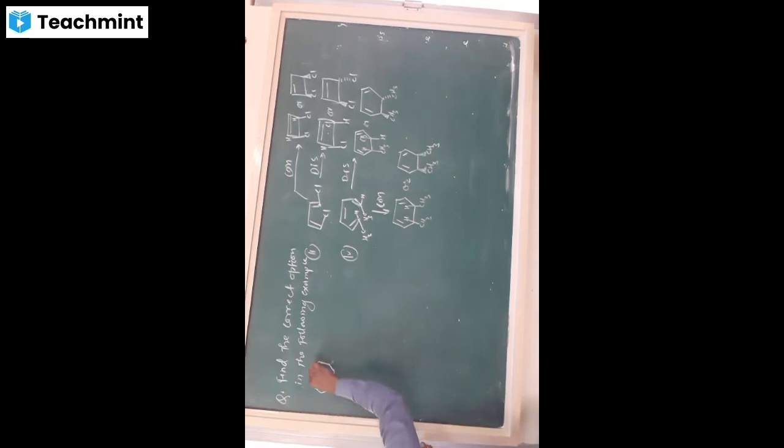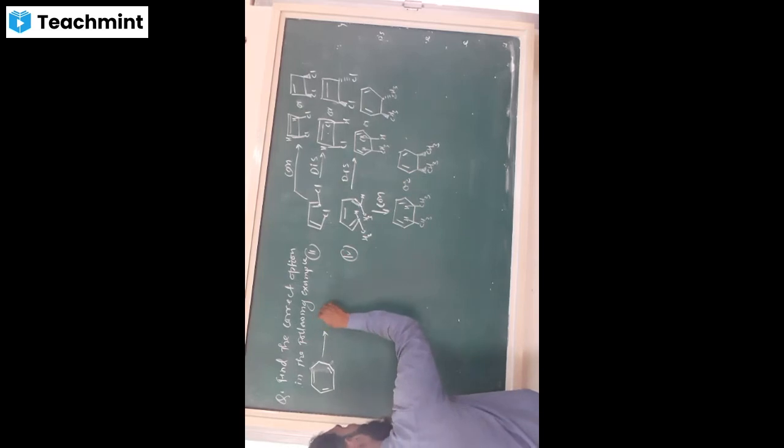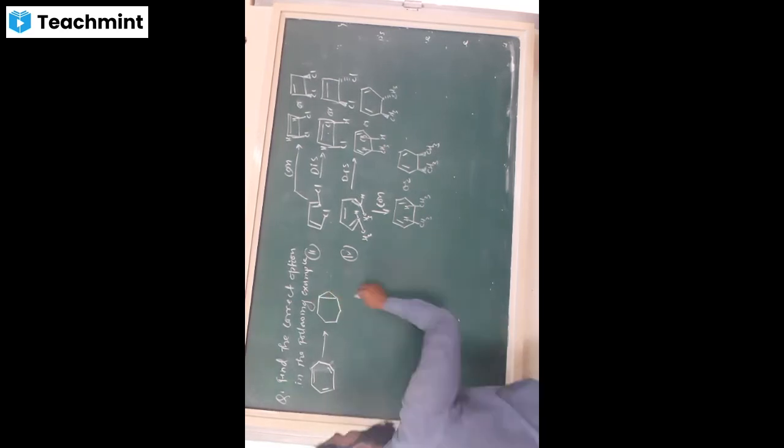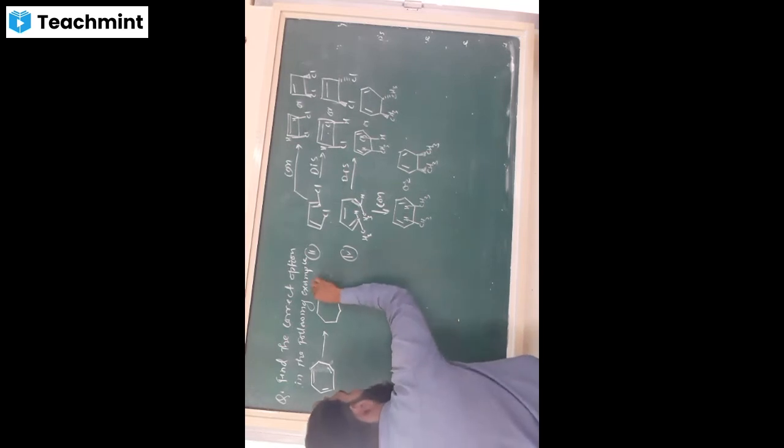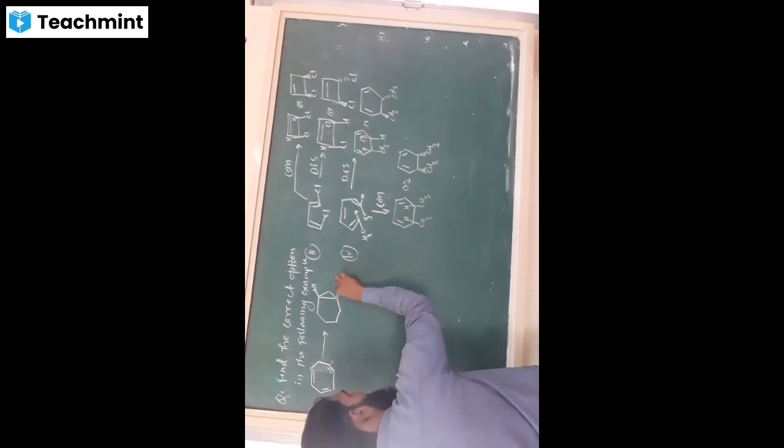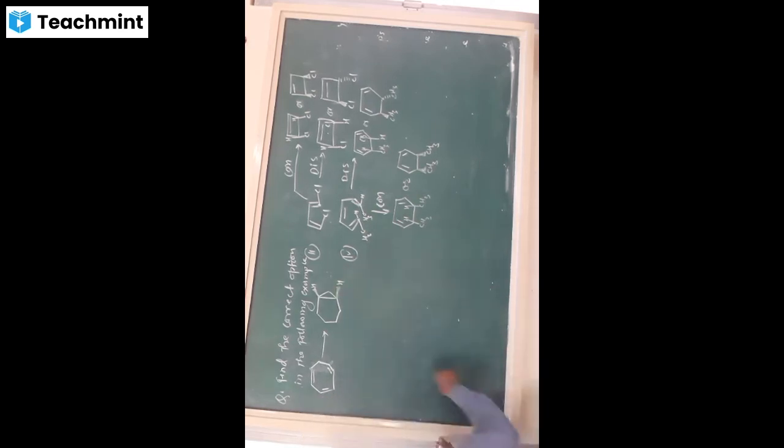Okay, here double bond, here double bond, and here another. And they have already given you a product. And your product is this one. And here both the hydrogens appear on the same side.